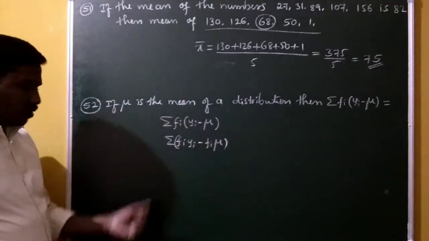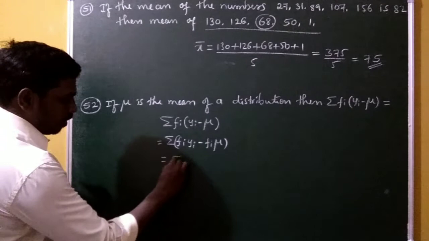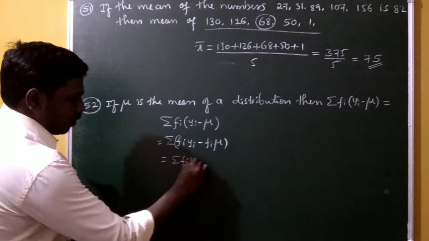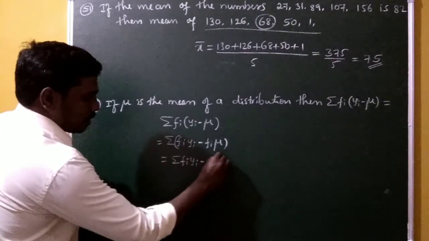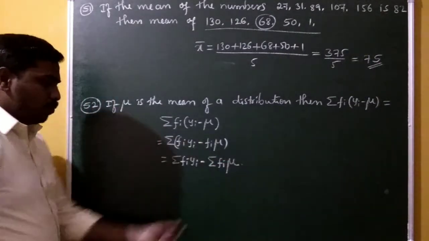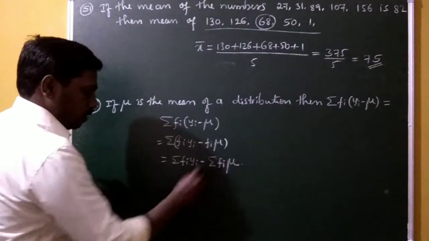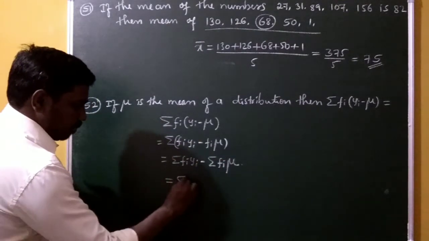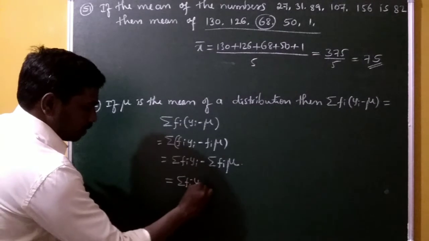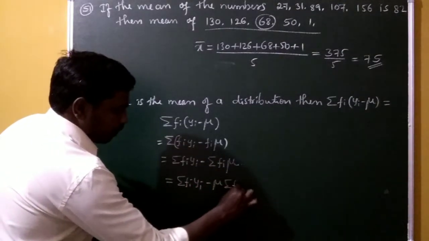Summation is a linear operator, so summation of fi yi minus summation of fi into mu. Mu is independent of the summation because mu does not involve i, so summation of fi yi minus mu into summation of fi.